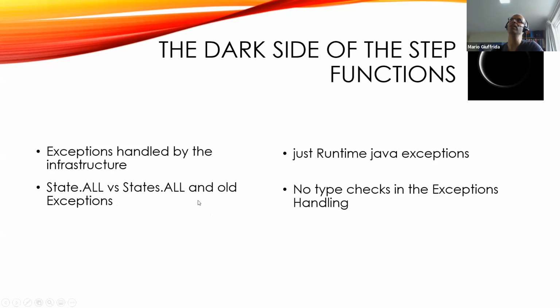There is no type check in the exception handling, so you may just realize that you have made a mistake at runtime. And also, there is no check whether the exception is actually thrown or not, so we may end up with a list of exceptions that the function does not throw anymore.